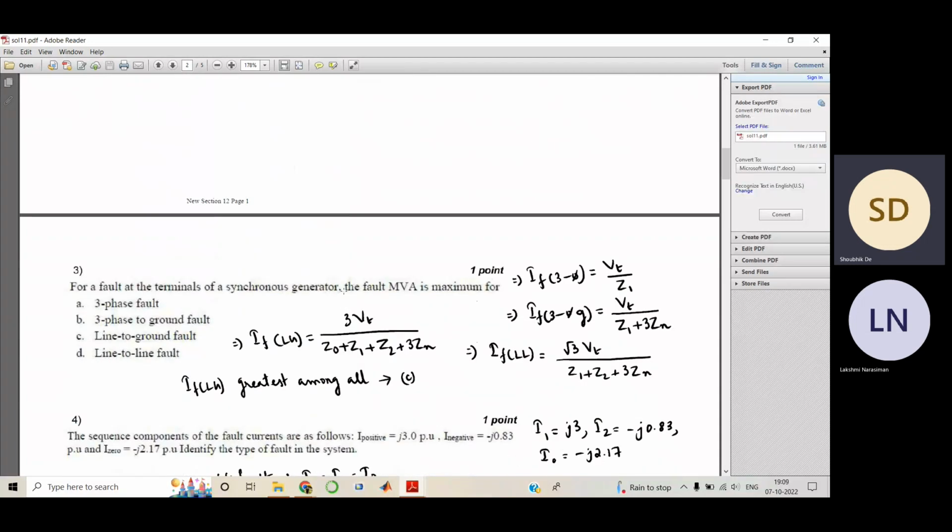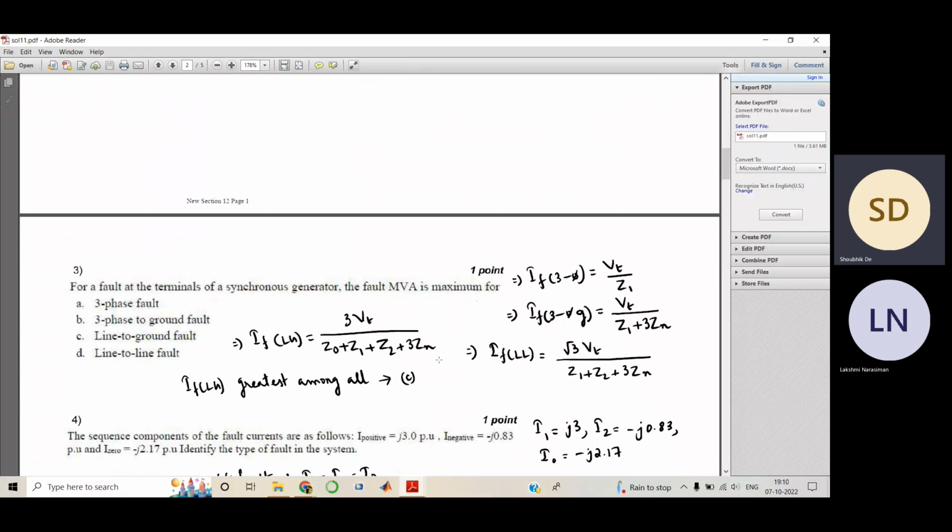And here I have written the formula for every kind of fault. So this is line to ground, this is three phase, this is three phase to ground, and this is line to line fault. So basically what we know is that as the length of the transmission line increases, your zero sequence reactance also keeps on increasing.